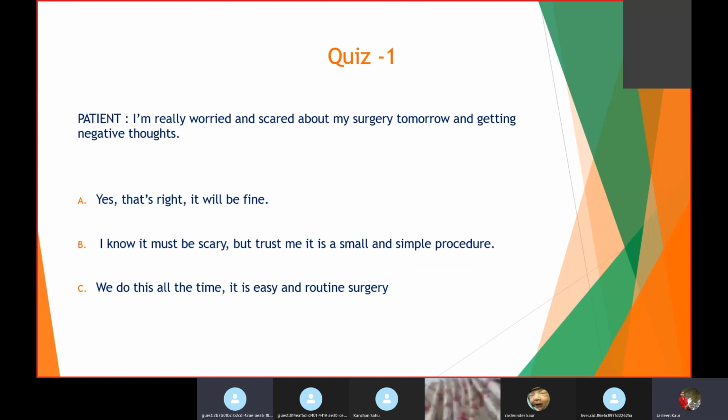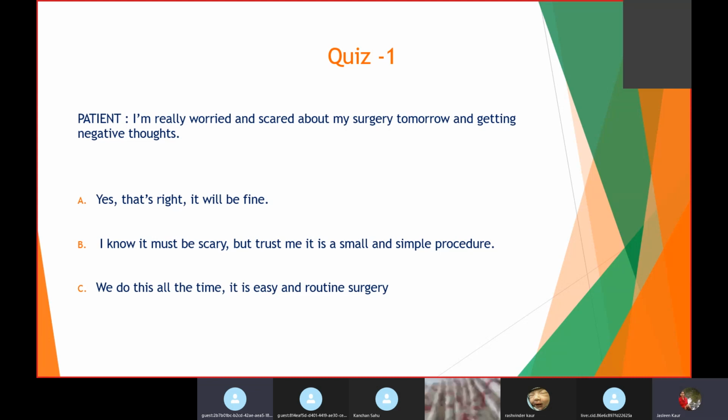Now, a quick question for you guys. There's a patient who's saying, oh, I'm really worried and scared about my surgery tomorrow and getting negative thoughts. Okay, so the patient is worried about the surgery. As a nurse, what should be your appropriate response? Number one, you'll say, yes, that's right, it will be fine.